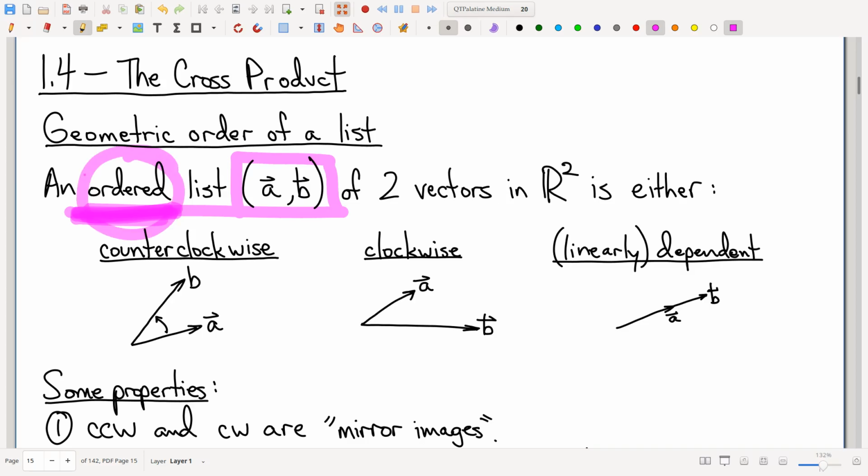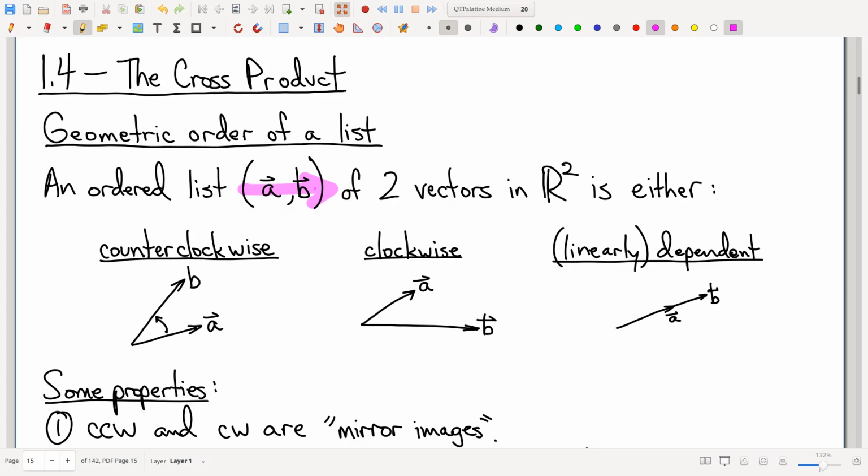The word list means ordered, right? So I wrote it here just for the sake of emphasis. But going forward, list means ordered. So when I write A followed by B, A is first in that list. This is not the same as a set or a collection, right?